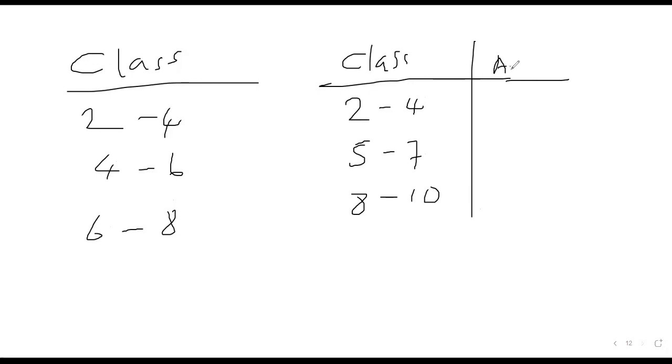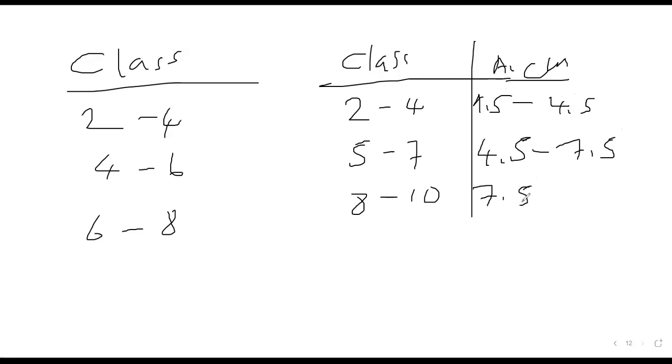So the adjusted class will be: subtract 0.5 there, will be 1.5, and add 0.5 there, 4.5. And subtract the 0.5 there to 4.5, add 0.5 there to 7.5. Subtract 0.5 from here to 7.5, and add 0.5 there to 10.5. So now you can see that it is not continuous.